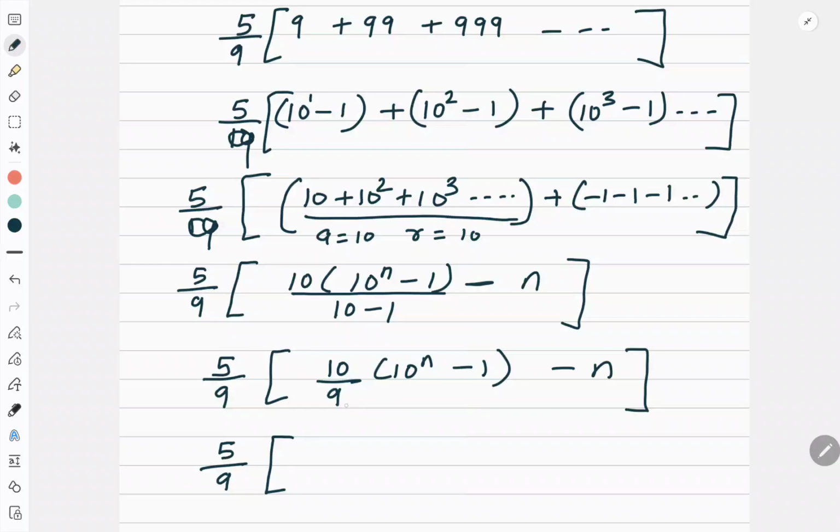If I take the LCM here, this 9 will be multiplied to this n, and outside it becomes 81. 9 nines are 81, right? And here it becomes 10 to the power n plus 1 minus 10 minus 9n. Okay. So 10 to the power n plus 1 minus 10 minus 9n, and outside 5 by 81. So this is my answer. Easy, simple and very important, right?